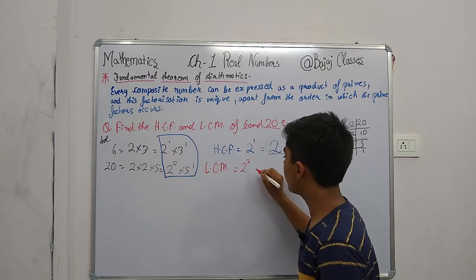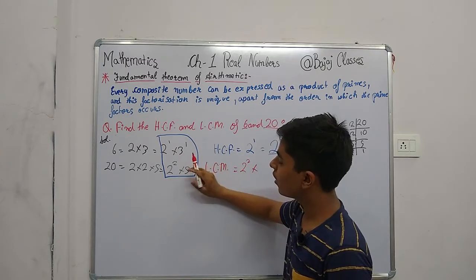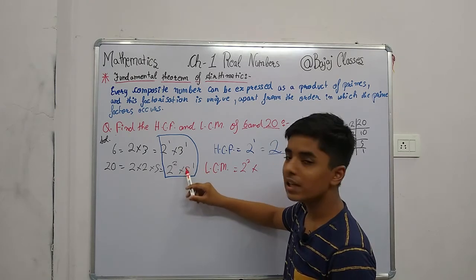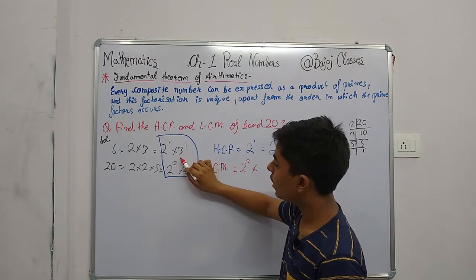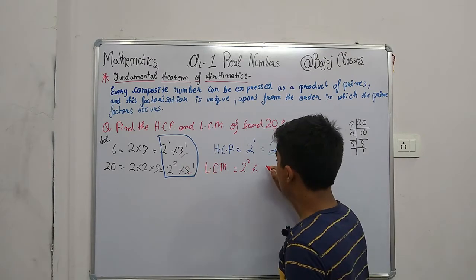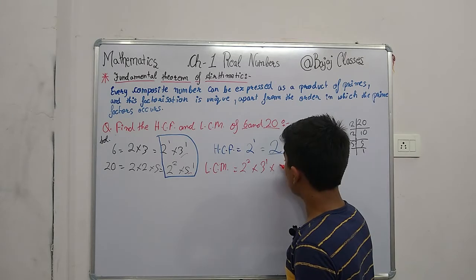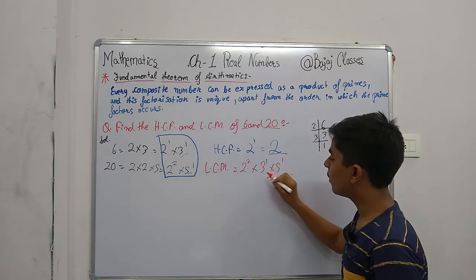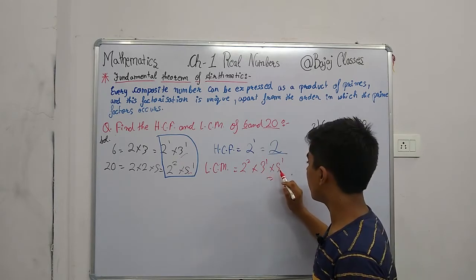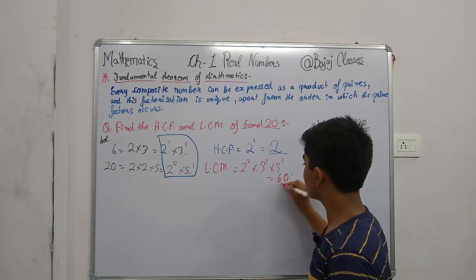If we had a factor of 3 in both, then we would take the highest power. But now these two are unsimilar, because they are not common, and we will take them: 3 raised to the power 1 into 5 raised to the power 1. So 2 raised to the power 2 is 4. 4 into 3 is 12, and 12 into 5 is 60.